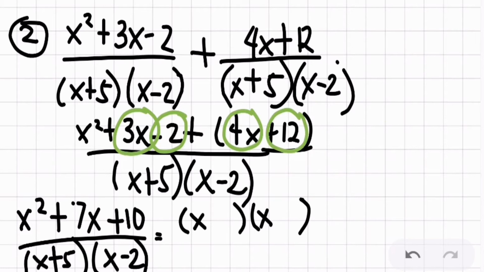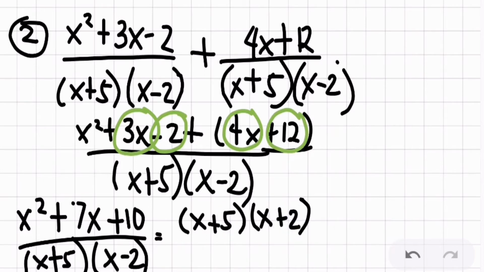We can use 5 and 2, or 10 and 1 rather. But since what we need to use is something that is related or somehow connected to 7x, which is our goal to be our middle term, therefore let us use 5 and 2 instead.